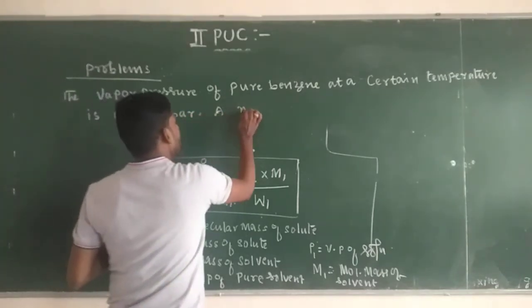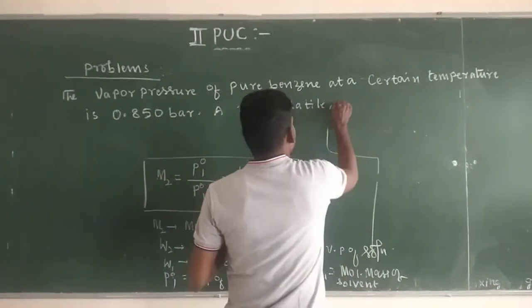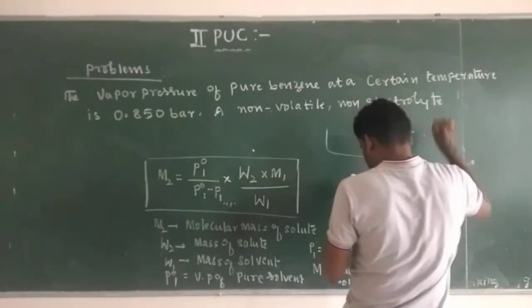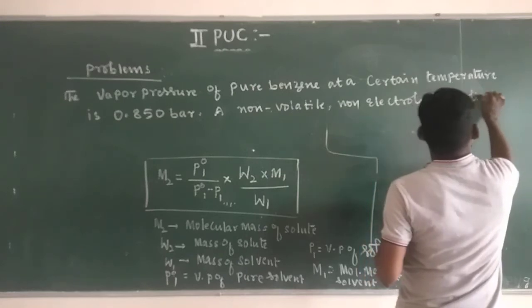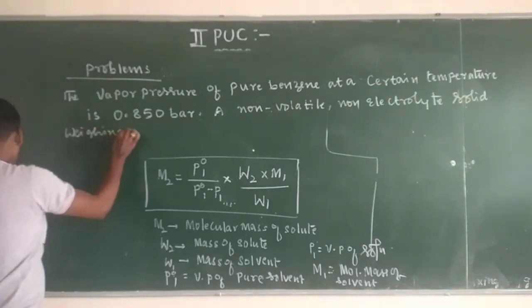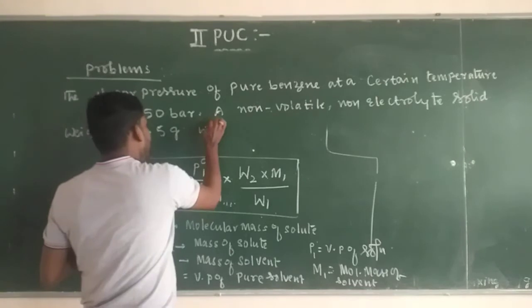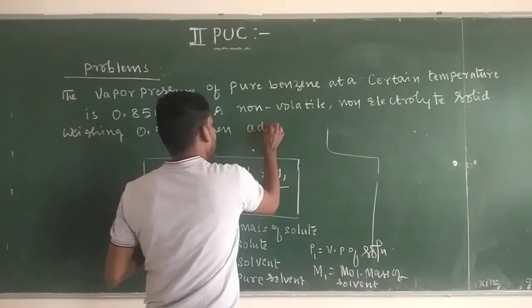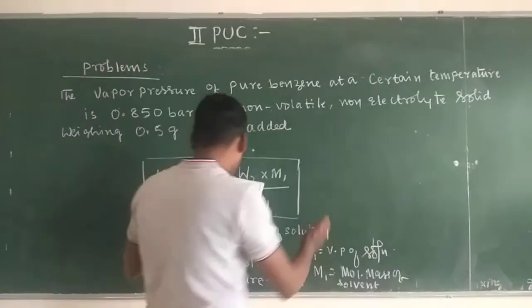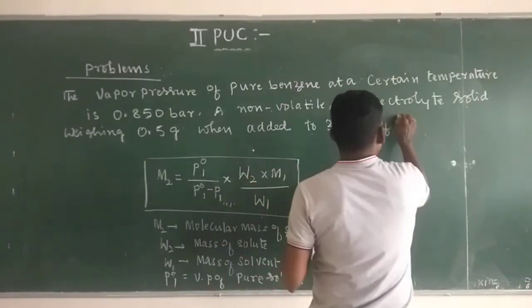A non-volatile, non-electrolyte solid weighing 0.5 gram is added to 39.0 gram of benzene.